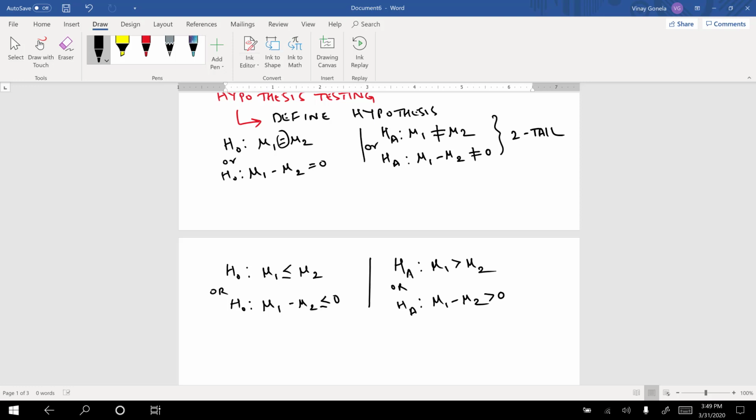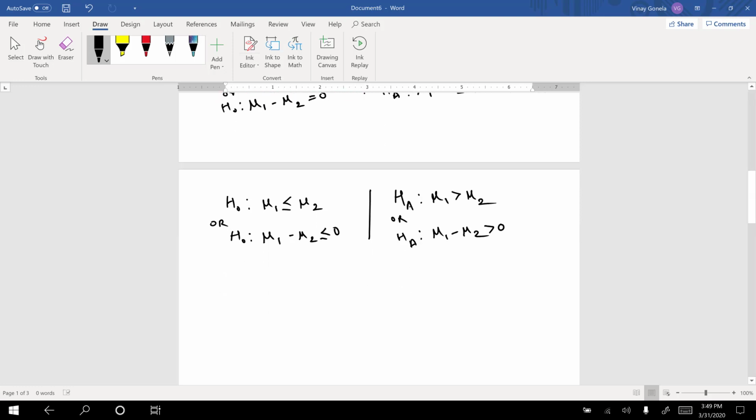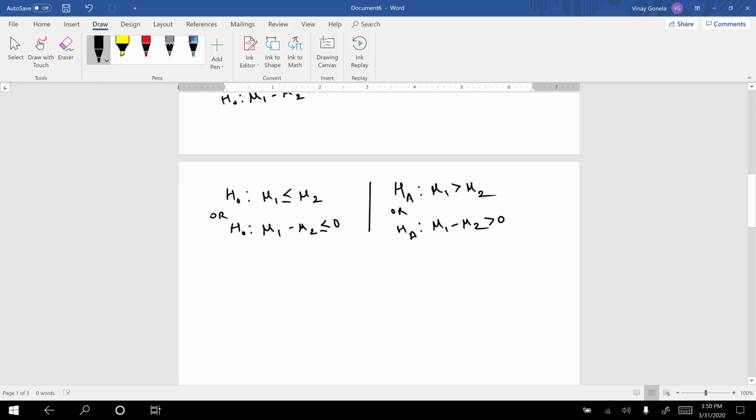So the third situation that can happen in hypothesis testing is H null: mu1 is greater than or equal to mu2. That is, city 1's weight is greater than city 2's weight, or you can write this as H null: mu1 minus mu2 greater than or equal to 0.